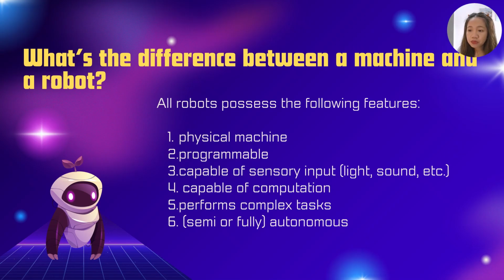Semi means it has some sort of independence, but the programmer may opt to not completely automate the robot due to certain conditions, or it could be fully automated depending on the program and the situation where the robot is being utilized.